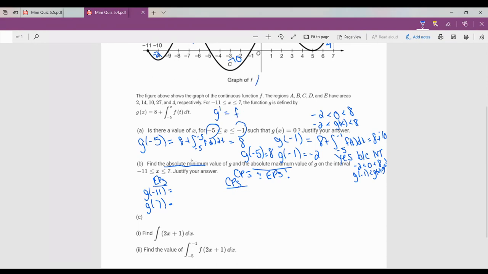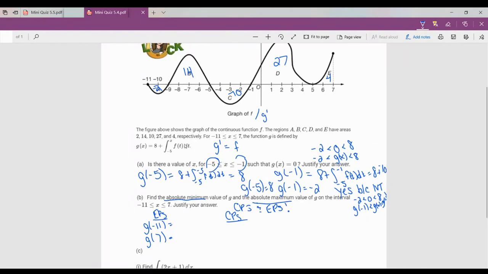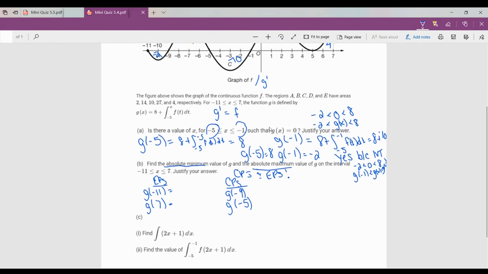This is a graph of f, and it's also the graph of g prime. So I'm looking for where g prime equals 0. Negative 11, but that's an endpoint. Negative 9, so I want g of negative 9. Negative 5, so I want g of negative 5. Negative 1, so I want g of negative 1.